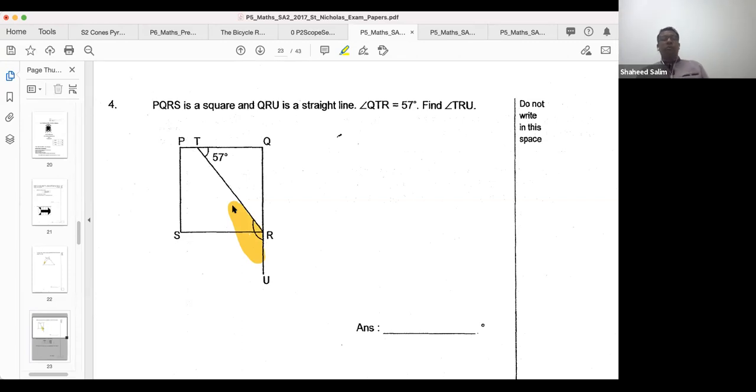Come on, Putra, you can do it. Square. Straight line. This is parallel. Okay, please write. Please draw.